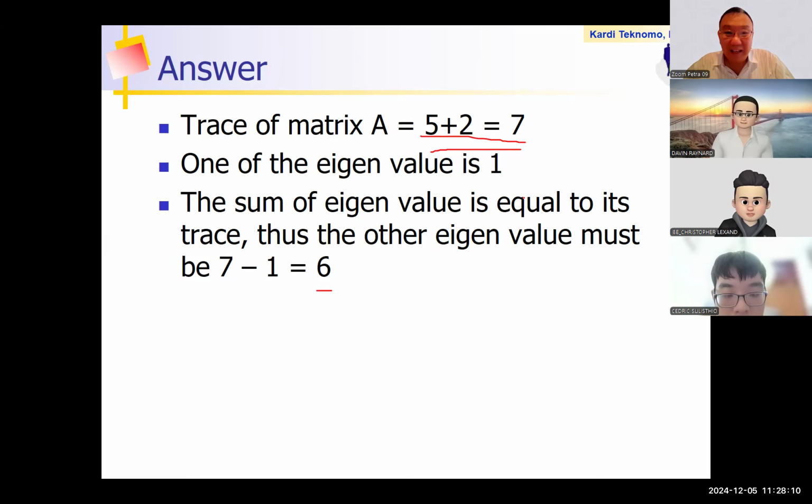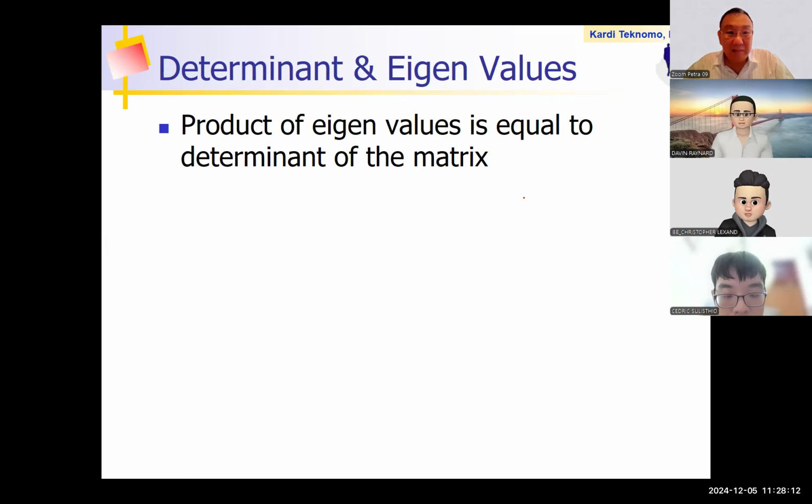Clear. Okay, so how about the products? If you multiply the eigenvalues, that will be equal to the determinant of the matrix. Another interesting property.